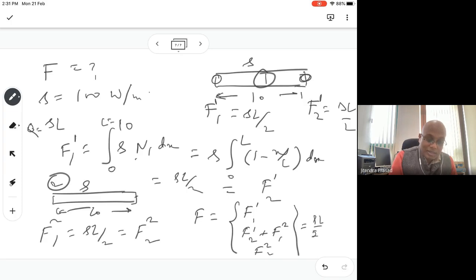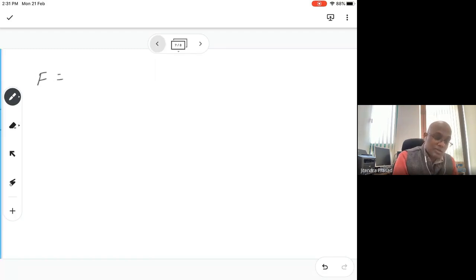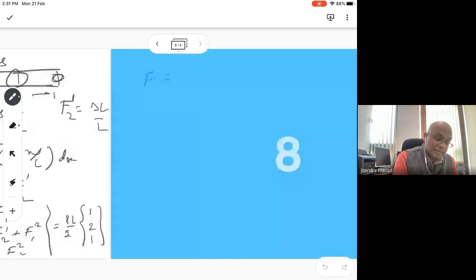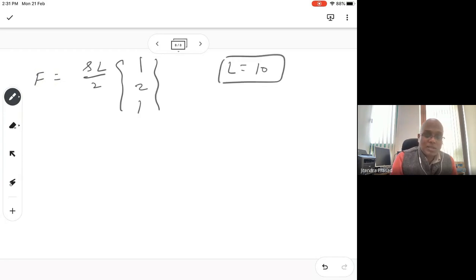So we found out F is equal to SL over 2 times [1, 2, 1], where L is equal to 10. Remember, this is not the total length, this is the length of the element.